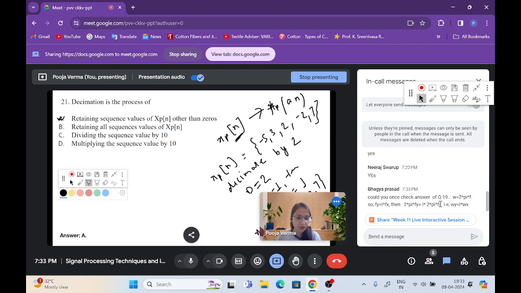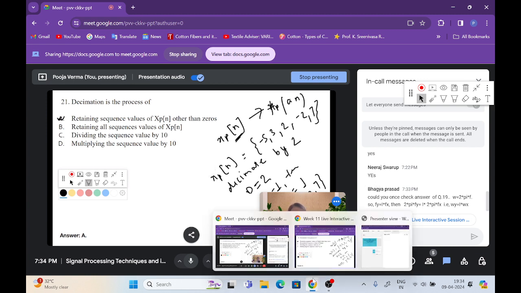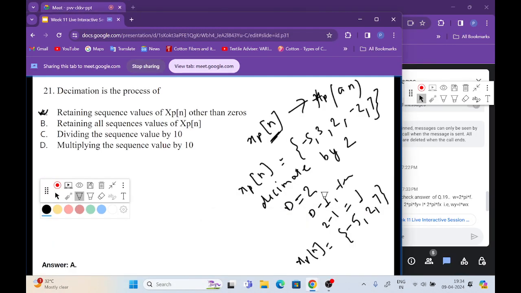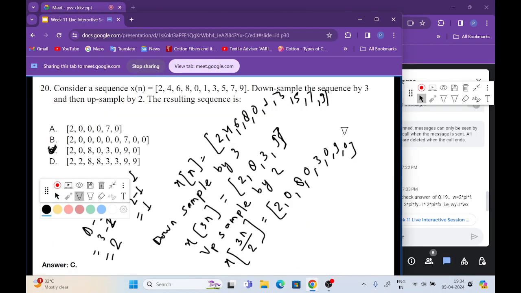Could you once check the answer of question 19? Okay, 2 pi f. Question number 19, okay, let me check. W is equal to 2 pi f, correct, and Fy is equal to I into Fx.